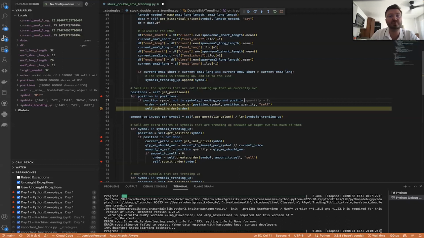We don't want to be selling our US dollars. That doesn't make any sense. So we want to go position dot asset is not, actually, we'll just look if it's Forex. I think we can do that.